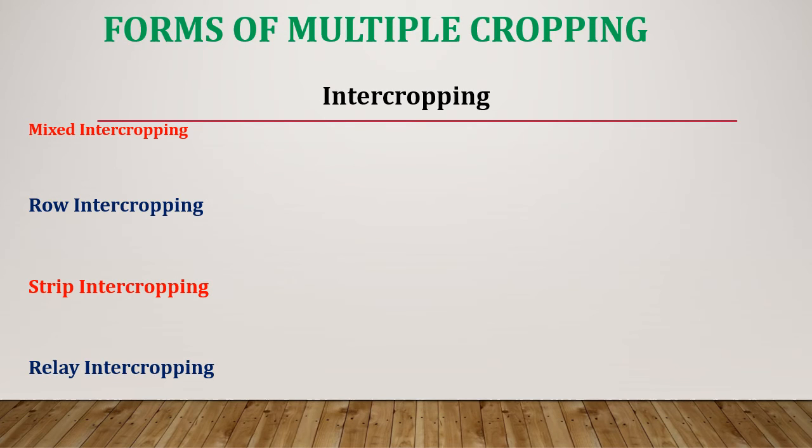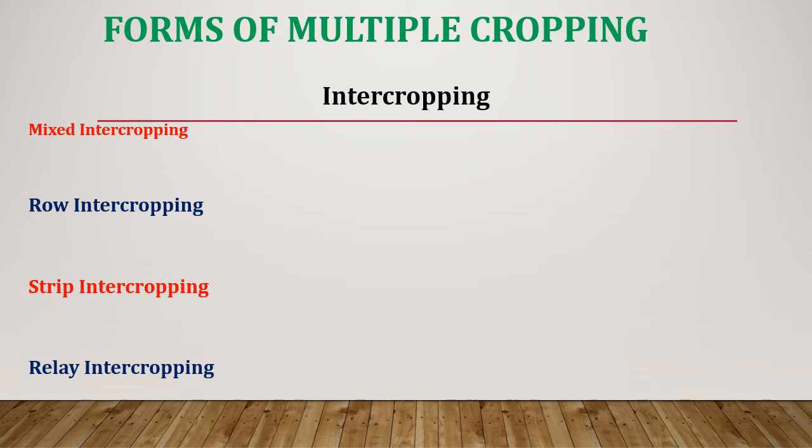Next one is strip intercropping. Growing two or more crops simultaneously in strips wide enough to permit independent cultivation but narrow enough for the crops to interact agronomically. Example, groundnut plus red gram in 6:4 strips.